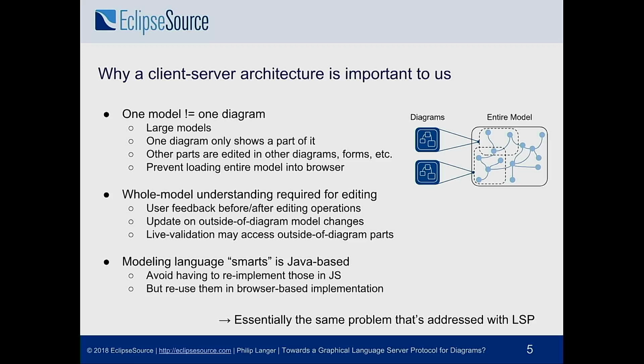Also, there might be validation running on a continuous integration server, so you would have to have it on the server side anyway. So these are the two main problems that we had when you only have client-side editing.